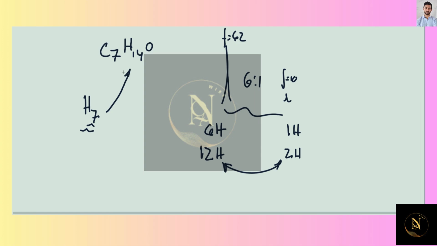Now we've got to figure out how that might work. When I see 12 to 2, or 6 to 1 twice, what I think of is something like this. I've got a proton here, I've got a bond to something there, and then each of these is a methyl group.